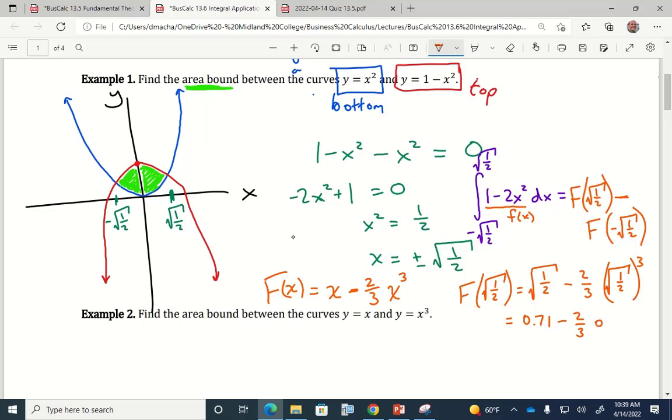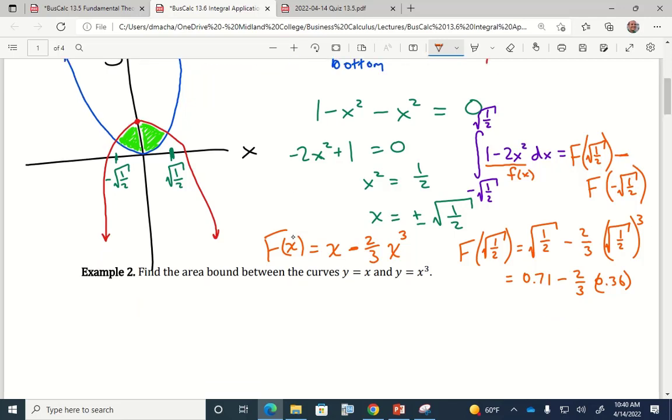Okay, so 2/3 times 0.36 gives me 0.24. 0.71 minus 0.24 is going to be 0.47. Cool. So that's one thing. That's capital F evaluated at positive root half.